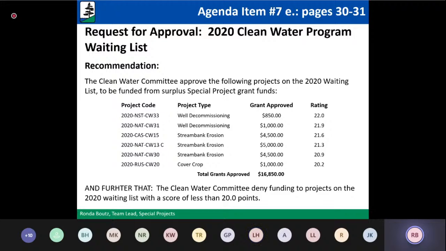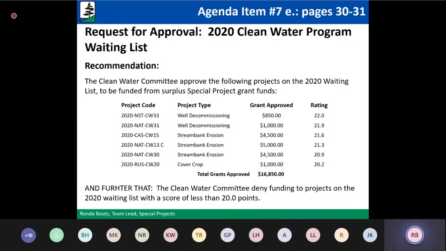So of those 14 projects, I am recommending that we use some of the surplus we have from special projects funding. So you'll recall we have a regular grant budget that we allocate to projects. We also have a budget line item for special projects, and this is funding that we use for demonstration projects, for innovative projects that the committee would like to support, as well as for matching grants for external sources.